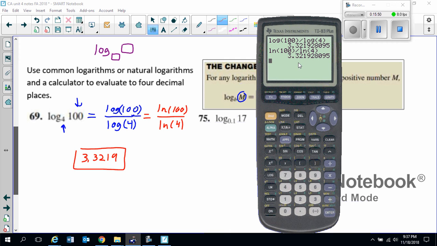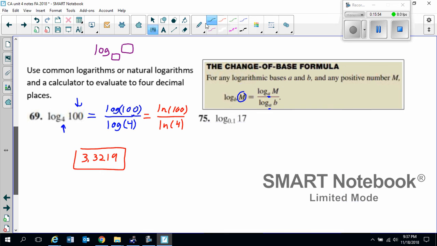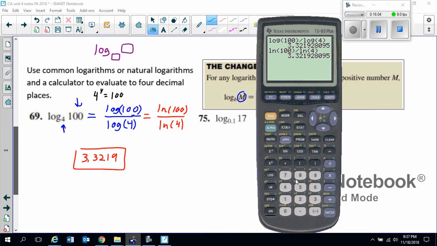Now I'll prove it to you though, because remember, what is this actually asking? This is really asking you 4 to what power equals 100, if you think back to what's being asked. So I'll go ahead and test that theory. I'm going to do 4 caret, remember that caret key, 3.3219.